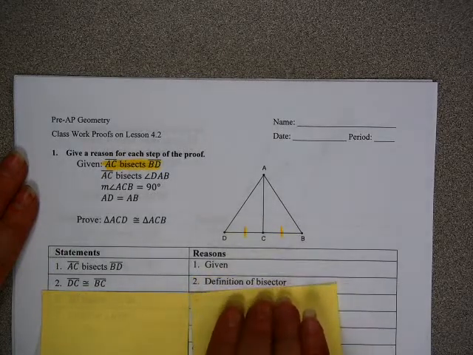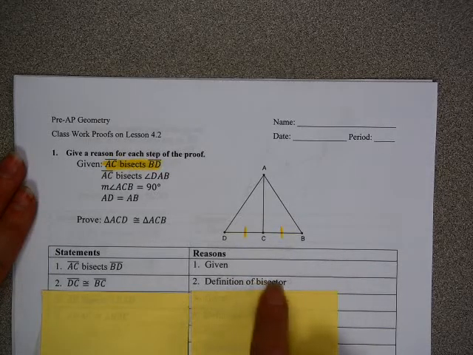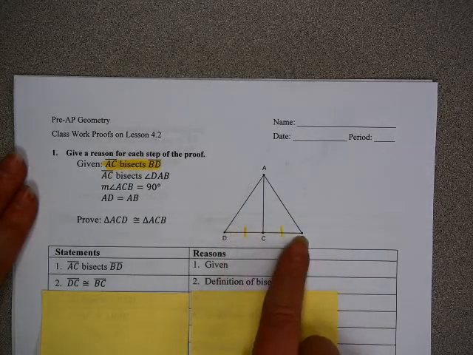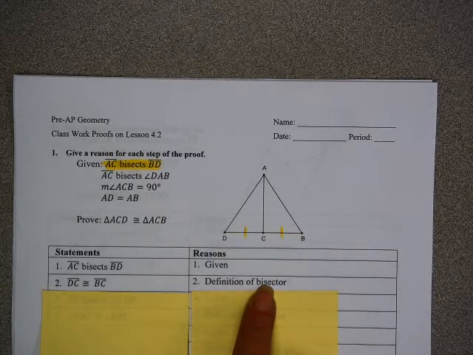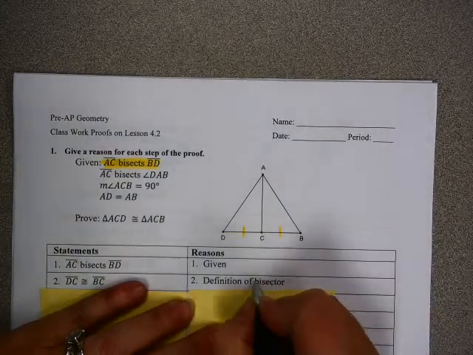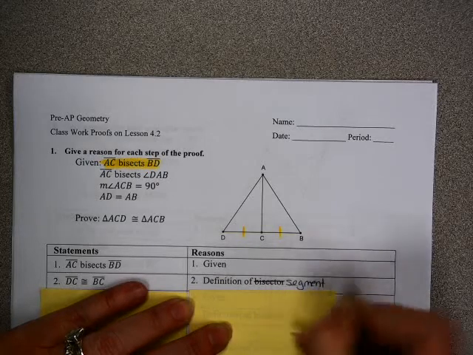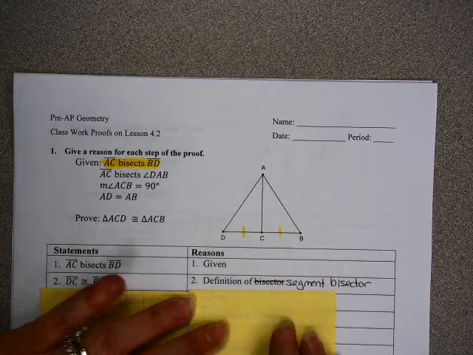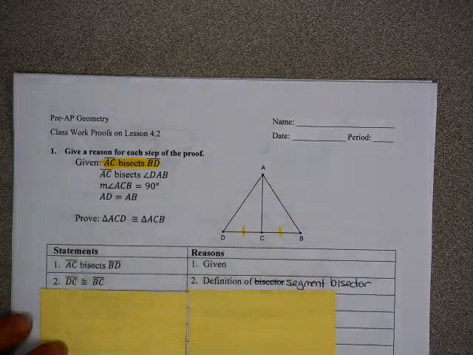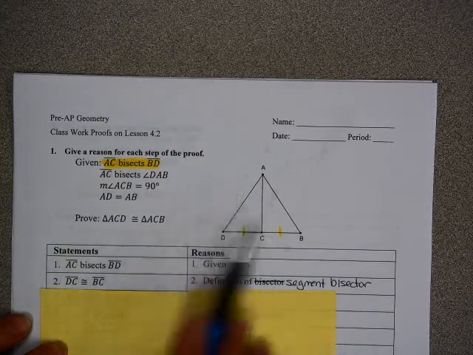So we're going to say that the definition of this would be a segment bisector because we're cutting the segment in half. And so here, this shouldn't be bisector, it should be segment bisector. Okay, then that's all I can do with this information that I have in this picture.